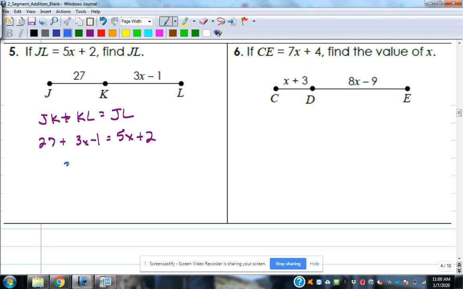So combine like terms, we got 3x plus 26 equal to 5x plus 2. And subtract 3x and subtract 2. 24 is equal to 2x. 12 is equal to x. That's not what they want. They want JL.